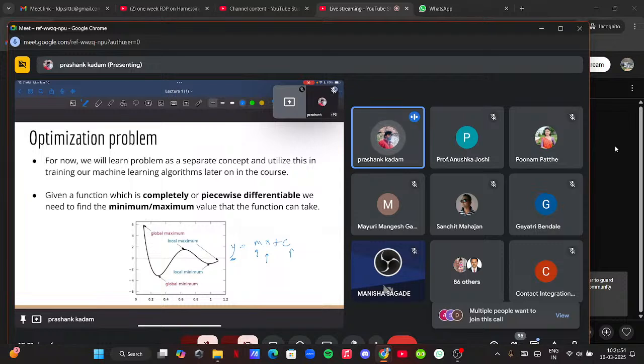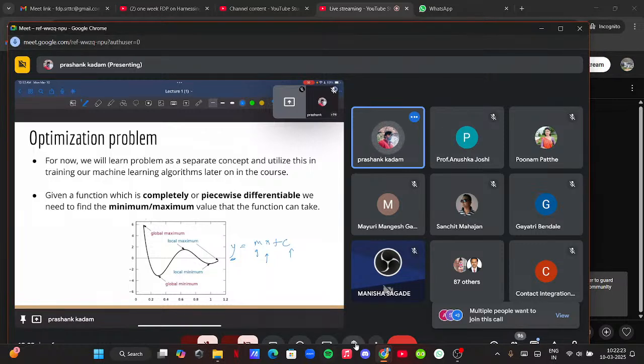I'll be giving you a brief overview of optimization strategies that are used very commonly in ML. So how can you actually optimize? If I have a function with me, what can I do in order to come to an optimal value?